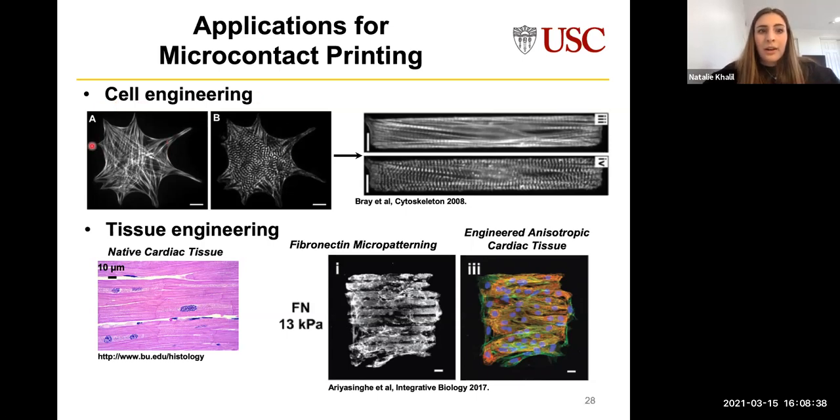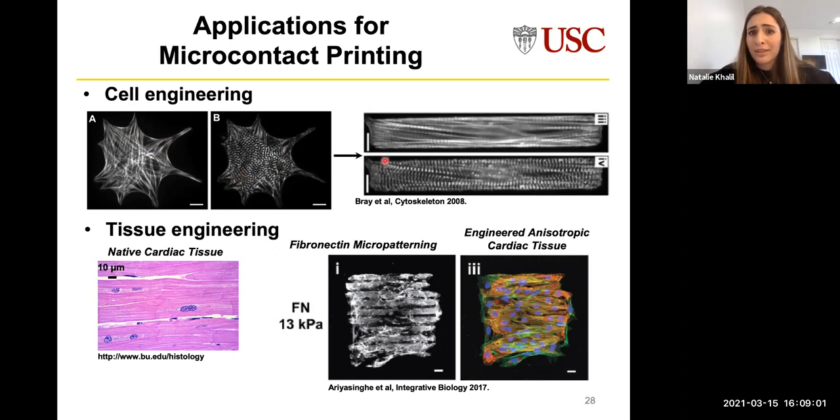So on the left here, cardiomyocytes were seeded onto squares where the height was equal to the width. So this is a 1-to-1 aspect ratio pattern. And you can see on the left we have actin, and on the right we have the sarcomeres. The sarcomeres are not very aligned when the cells are seeded onto 1-to-1 aspect ratio squares.